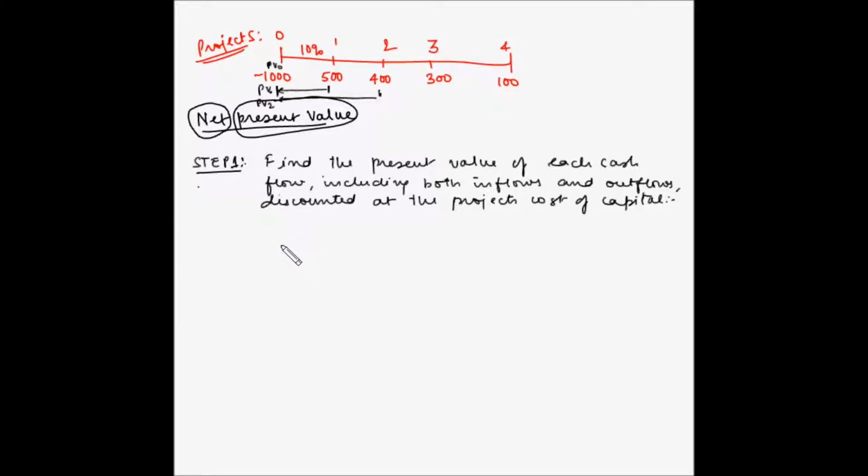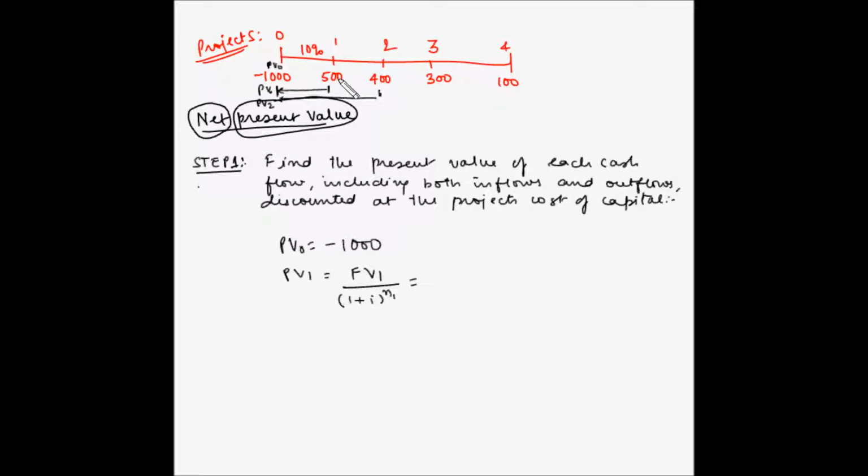Here PV0 is minus 1000. Since this value is as of today, it is the present value. Now PV1 will be equal to FV1 divided by 1 plus I to the power N1.